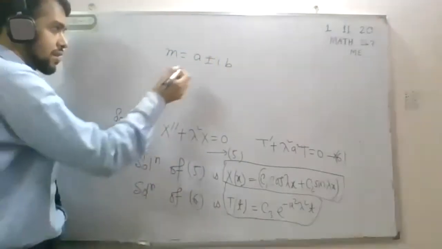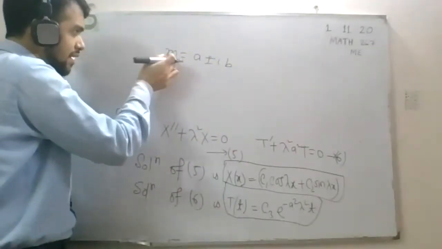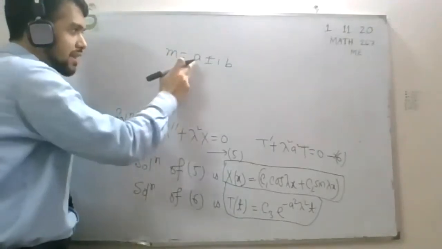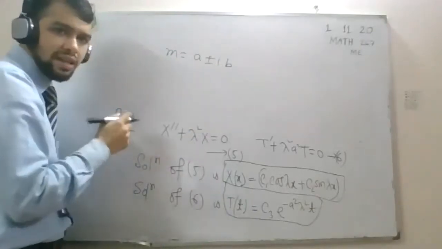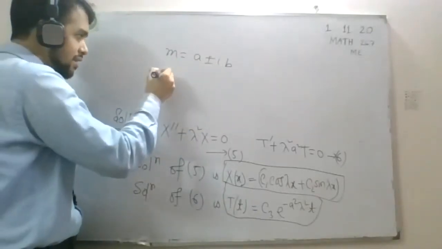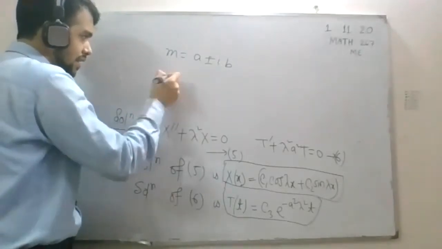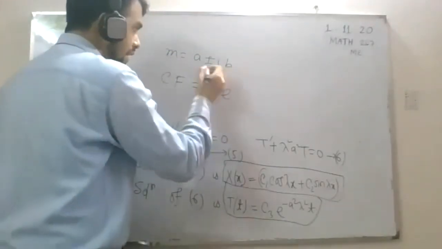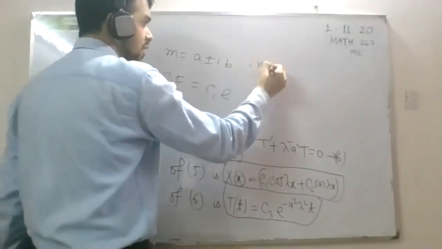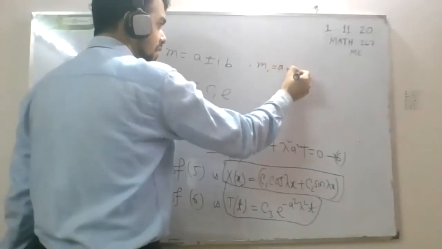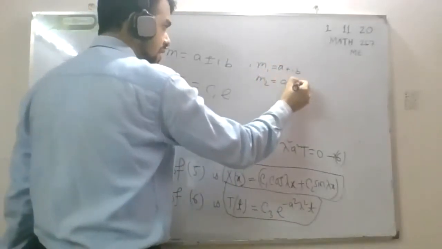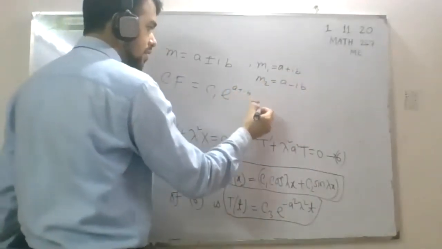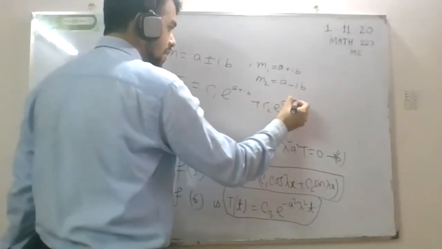So since you see here that we have different roots, that means a plus ib and also a minus ib. So you can write these things. That means the complementary function will be C1 e to the power m1 x, if I say that here m1 equals to a plus ib and also m2 equals to a minus ib, then you can say C1 e to the power a plus ib x plus C2 e to the power a minus ib x.